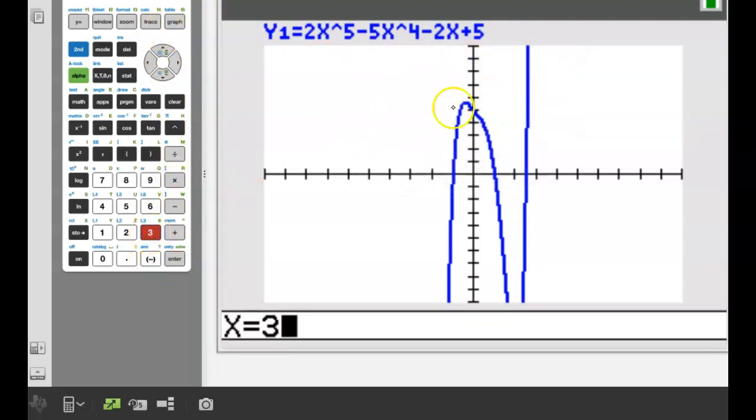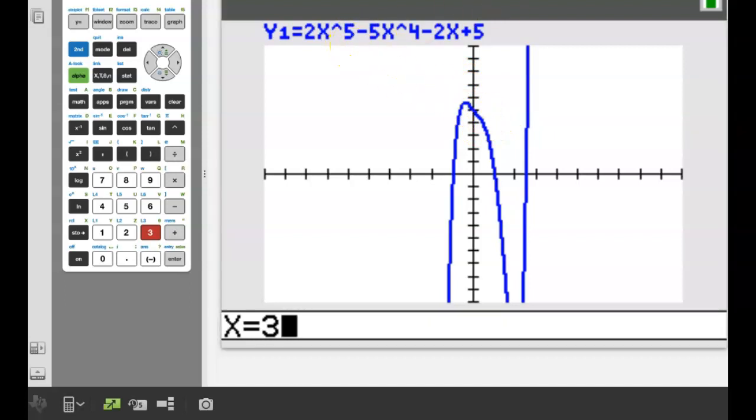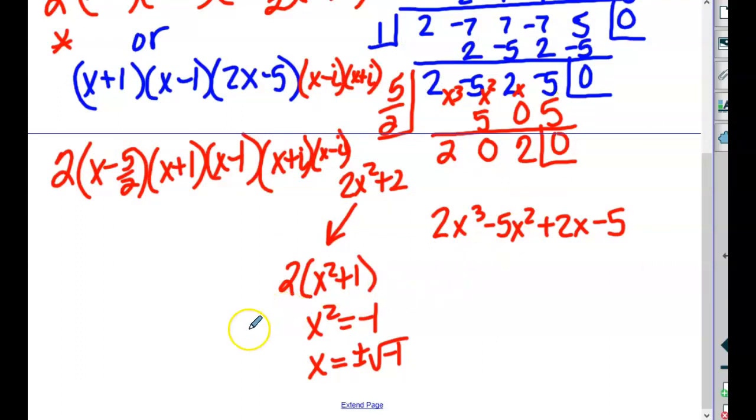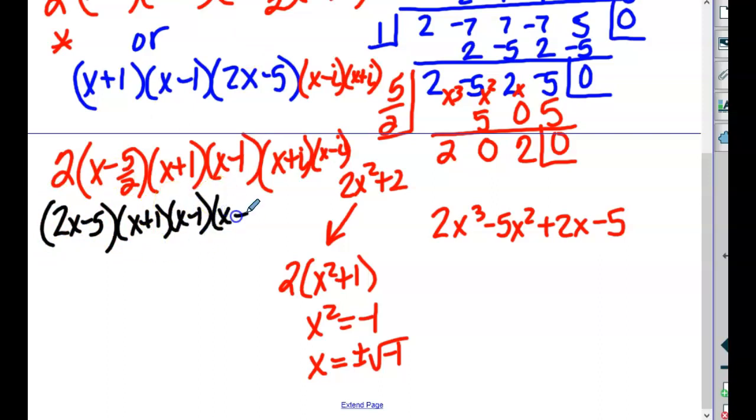Doing something weird up here? That's how you know. I should have known there were extra imaginary zeros, besides the fact that it was degree 5. Okay? No, you could write this as 2x minus 5, and then you would have x plus 1, x minus 1, x minus i, and x plus i in any order.